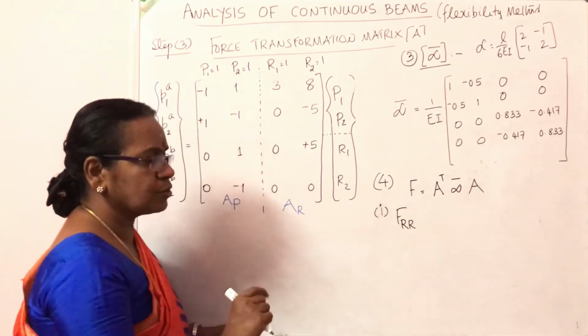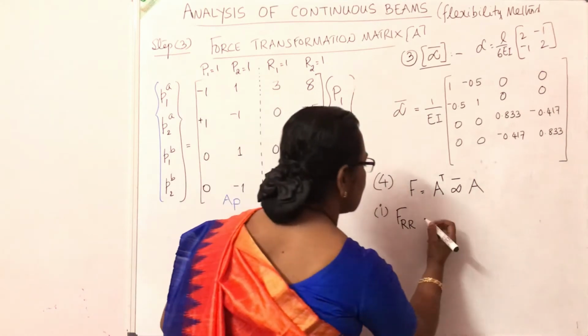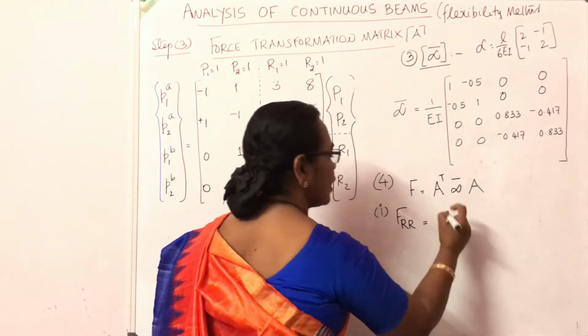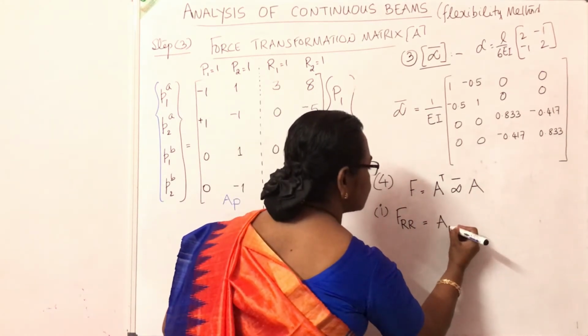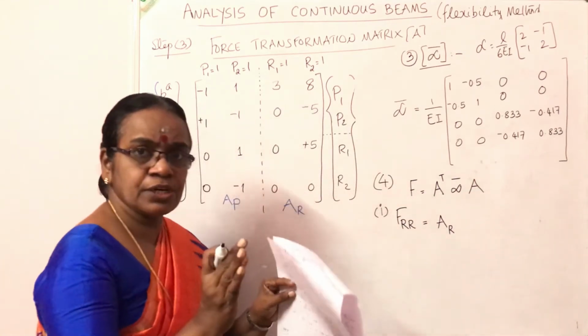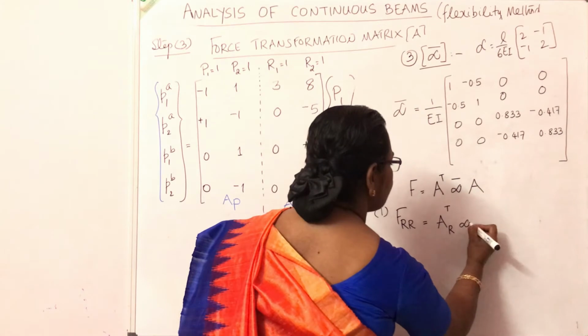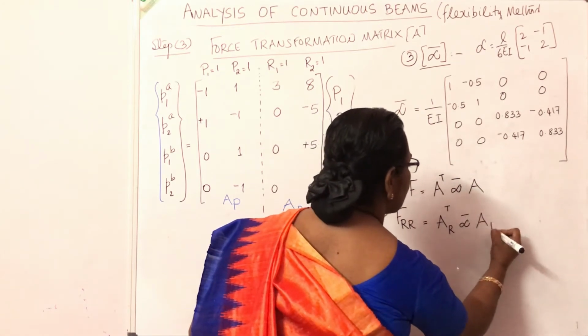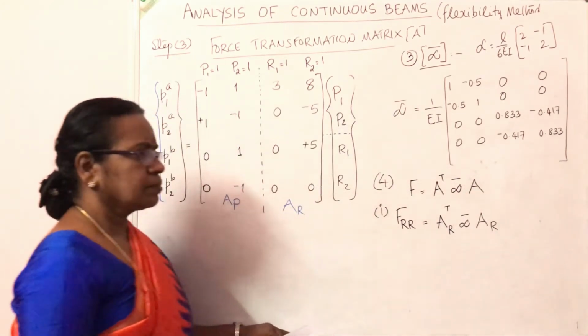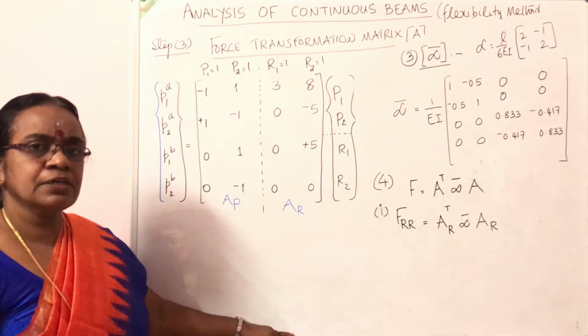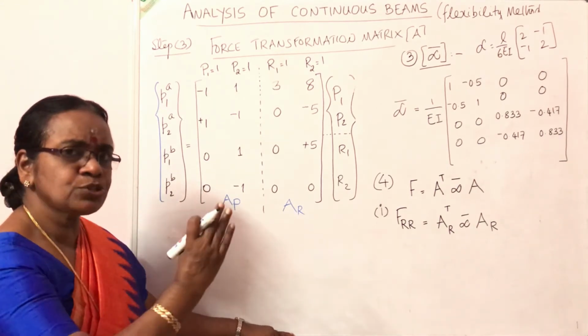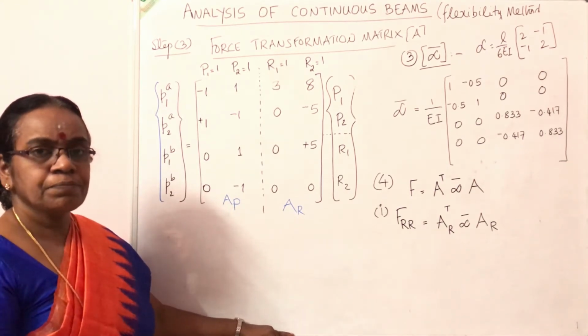Whether you understand it or not, we can calculate this as, instead of A, you put AR so that the computation is reduced: AR transpose alpha bar into AR. We do the first step, that is we compute a portion of that flexibility matrix alone.